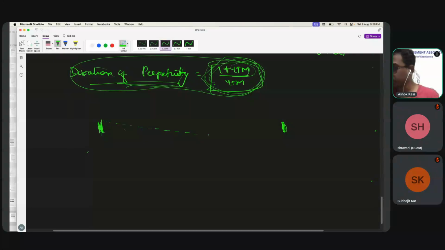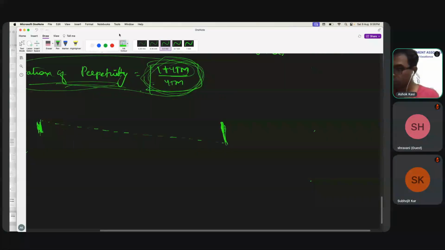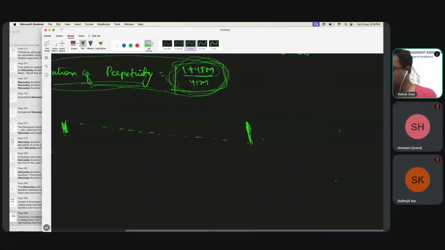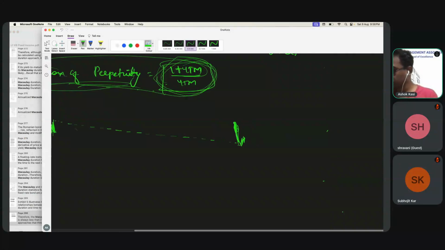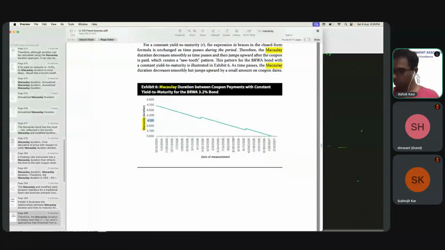Once you get the interest, it will slightly go up, because the next interest payment is far away. Then it will further come down. This is the graph.